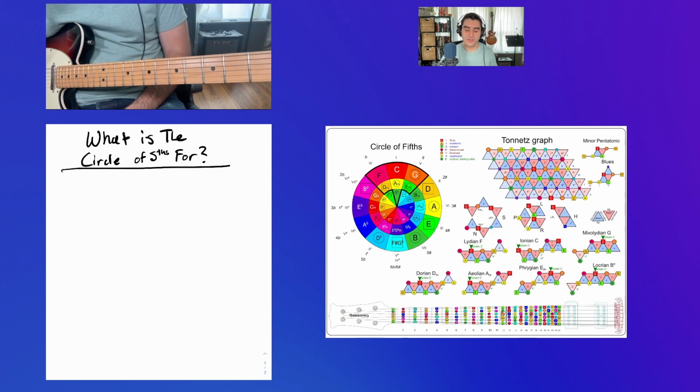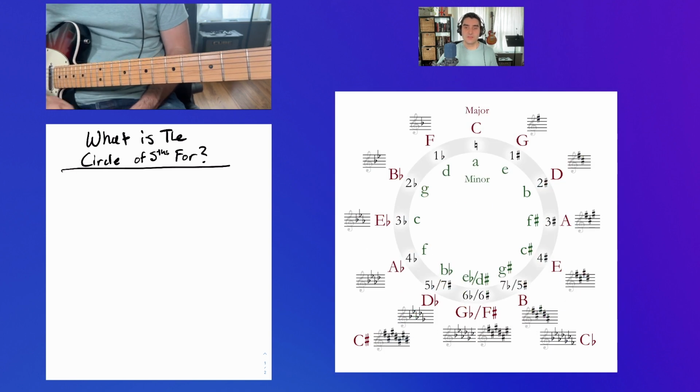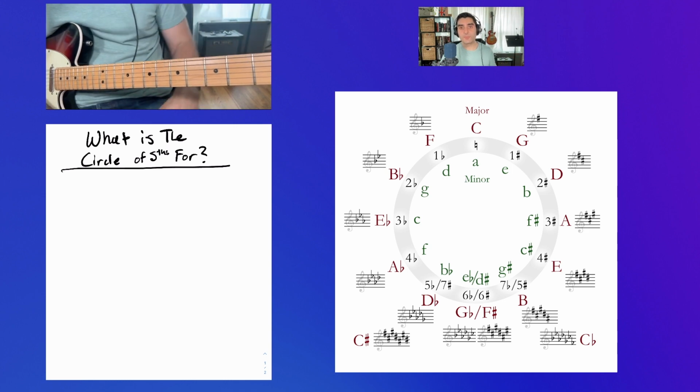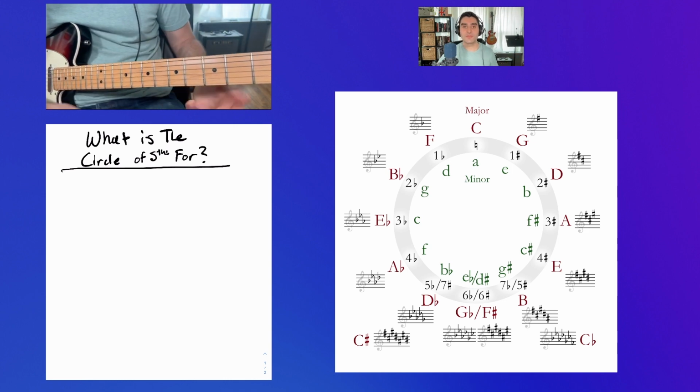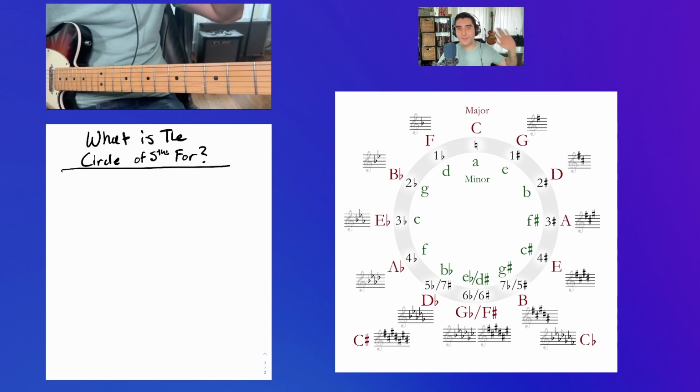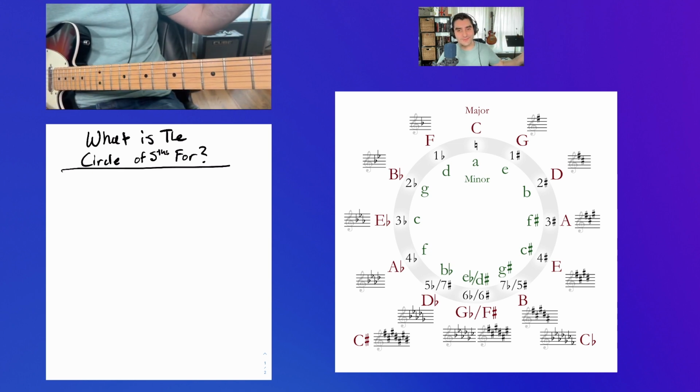Okay, let's look at the next and last version of the circle of fifths that I found. This one's from Wikipedia. If you go on Wikipedia and look up circle of fifths, this is the one that's going to pop up. Let's forget about those first two versions because we really don't need them.